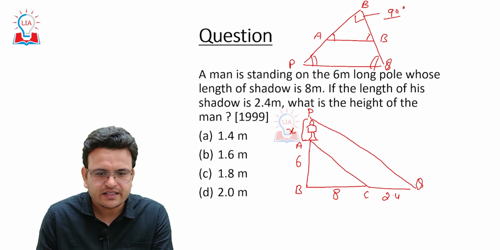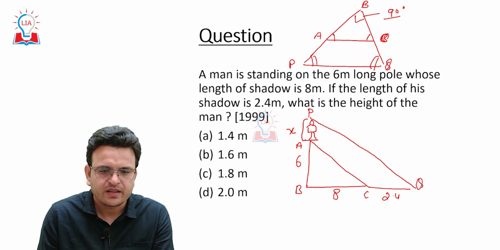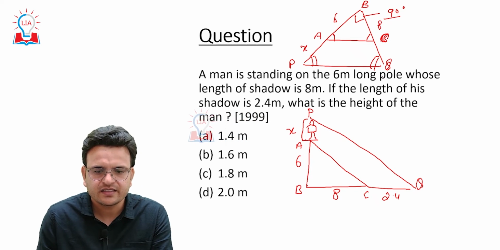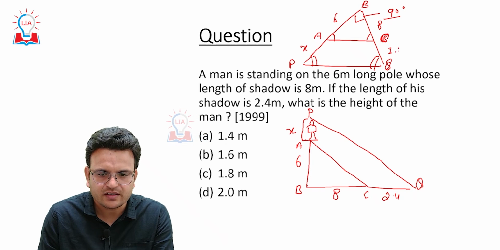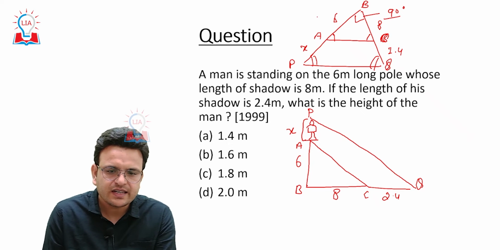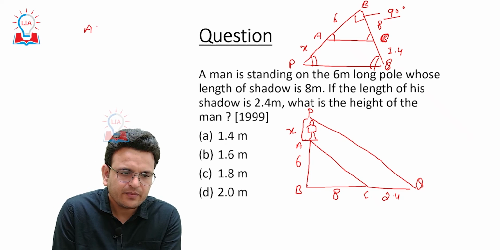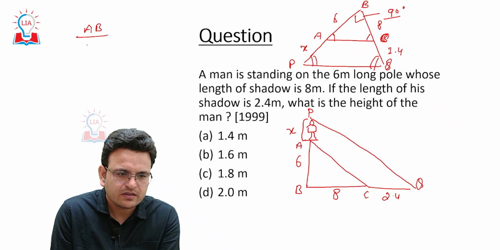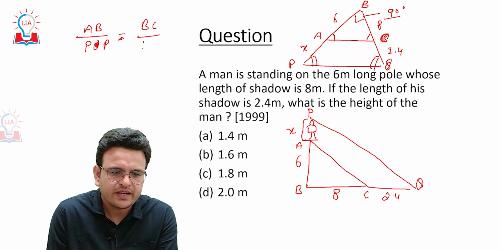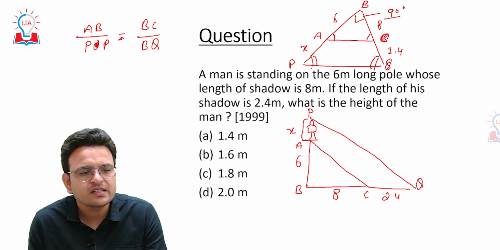So we can say AB is 6, this is x, BC is 8, and this will be 2.4. Now we can say that AB upon BP equals BC upon BQ, because both the angles are equal.